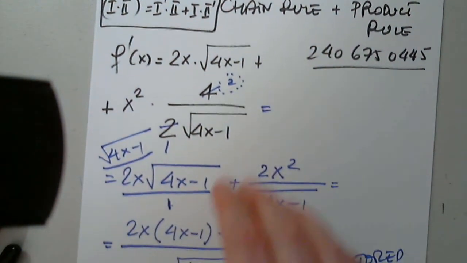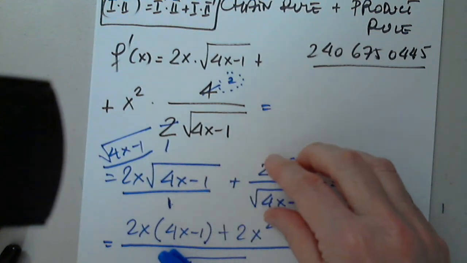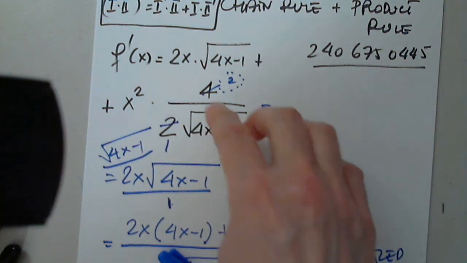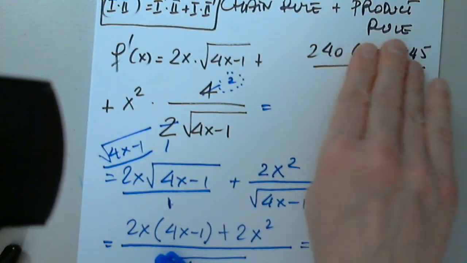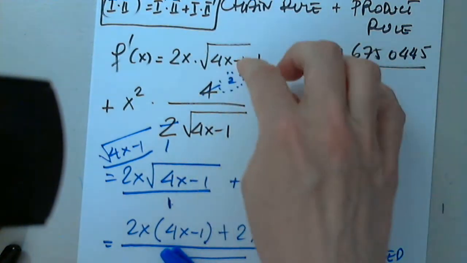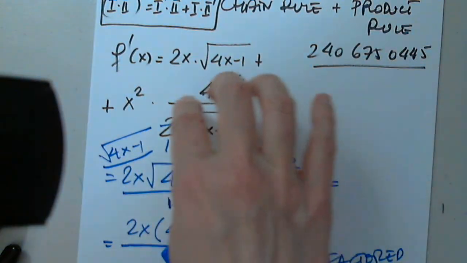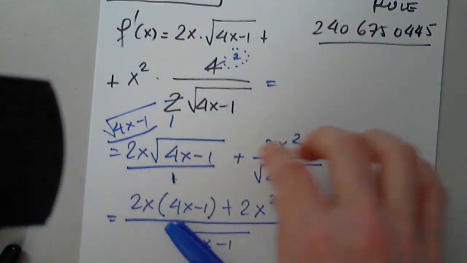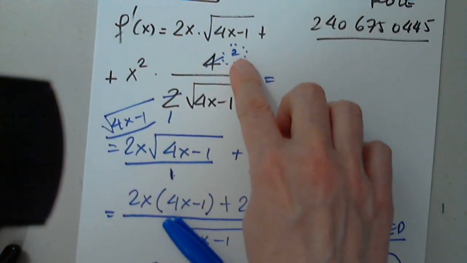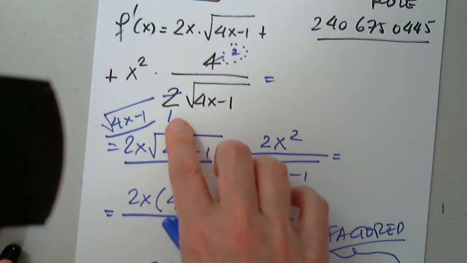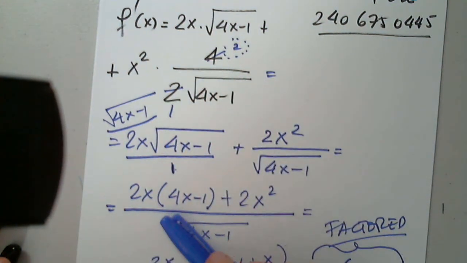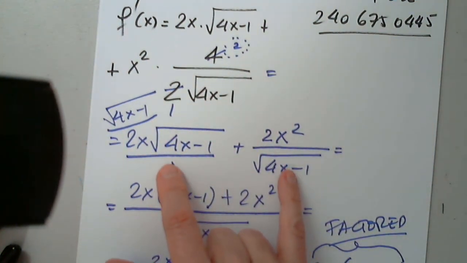Yes. Okay, so then I copied because I really wanted to see it in one row. Because I wrote, silly of me, I wrote my phone number here. I should have probably put it up there. So I wanted to see it in one row. So I just wrote it again, and I had 2x squared over the square root of 4x minus 1. Now I'm adding two fractions.